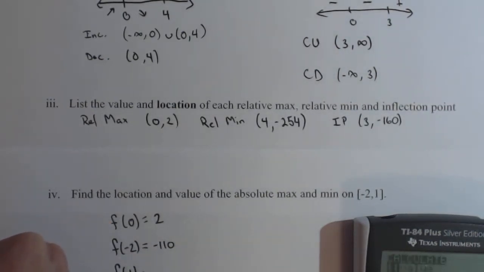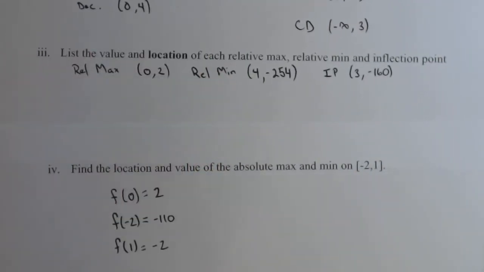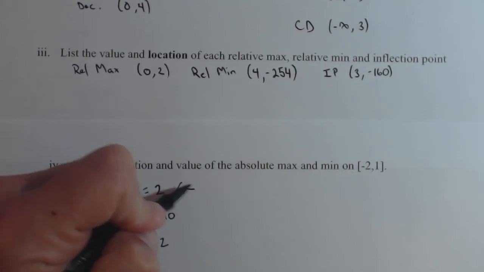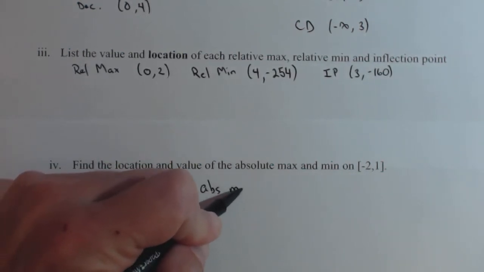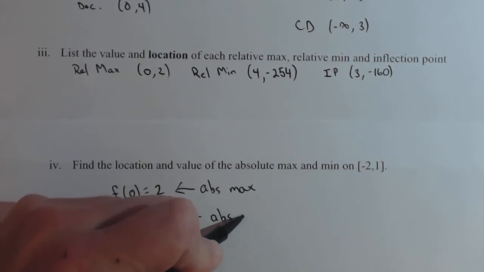And f of 1 is going to be negative 2. So the largest is 2, so right there is our absolute max. The smallest is negative 110, so there's our absolute min.